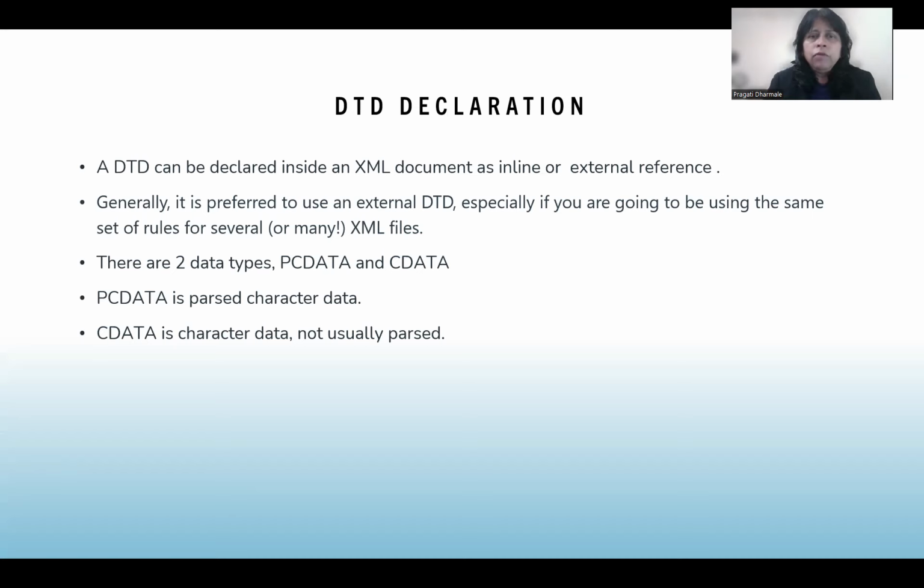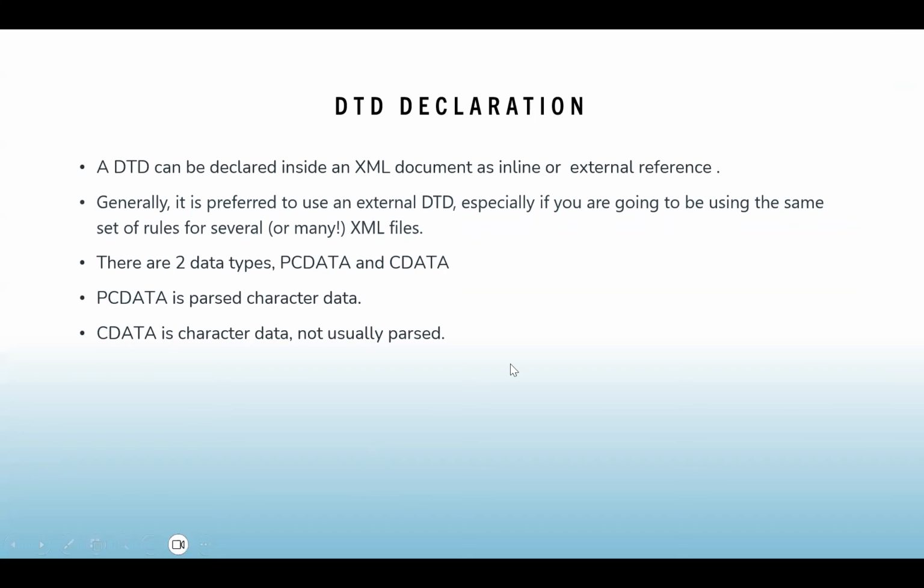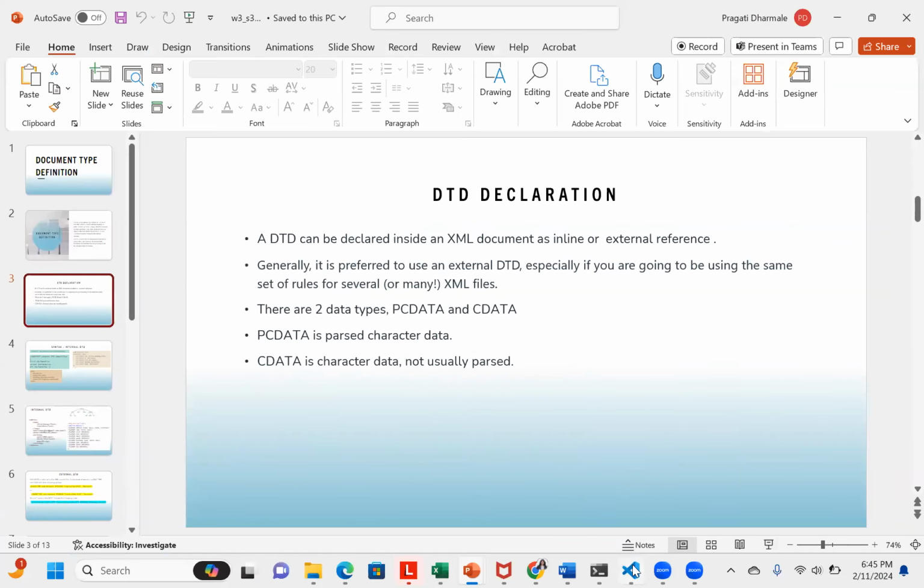Okay, now when we write a DTD document, we have to follow certain syntaxes or certain rules. So let's see the rules one by one for an internal document and for an external document. So first we're going to look at the internal document, and I'm going to switch to my VS Code here.